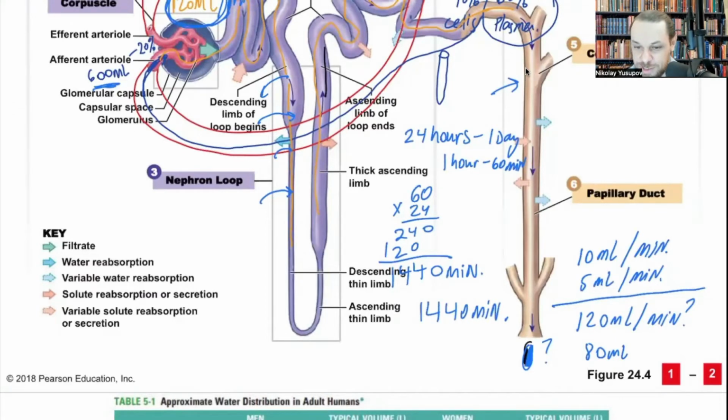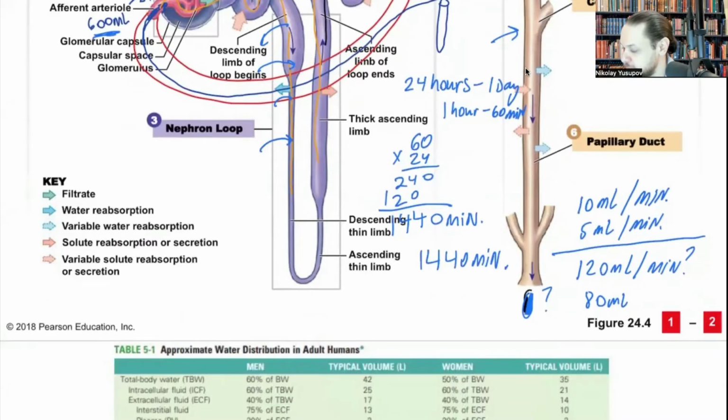So for the sake of the math, someone said 10 ml, 5 ml, somebody said 120 ml. Let's use a whole number. Let's just say 100 ml per minute. So let's do 1440 minutes in a day times 100.